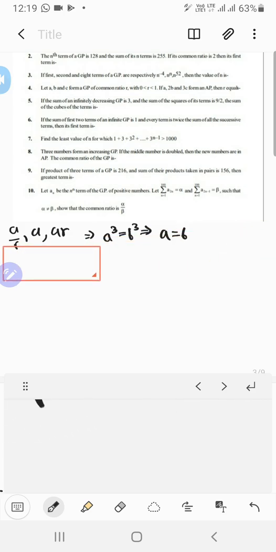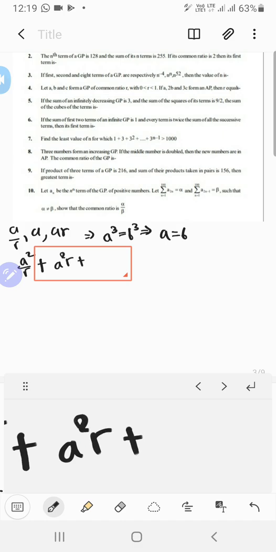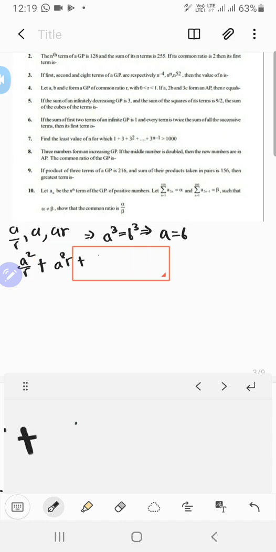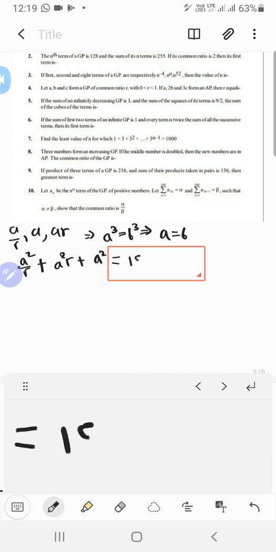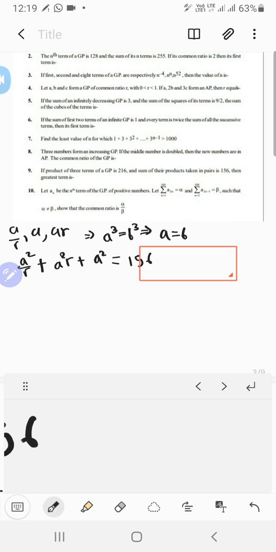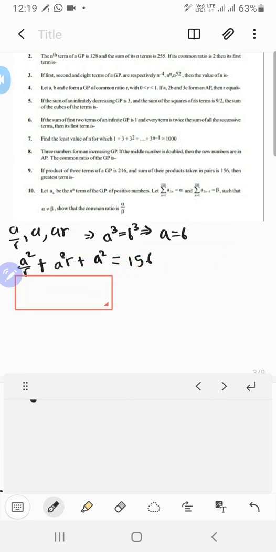Okay, so now you know that the sum of their products taken in pairs is 156. So you have a upon r into a, which is just a squared upon r, plus a into ar, which is just a squared r, plus a upon r into ar, which is just a squared, that is equal to 156. Now we can factor out an a squared from this and put the value of a as 6, so a squared would be 36.